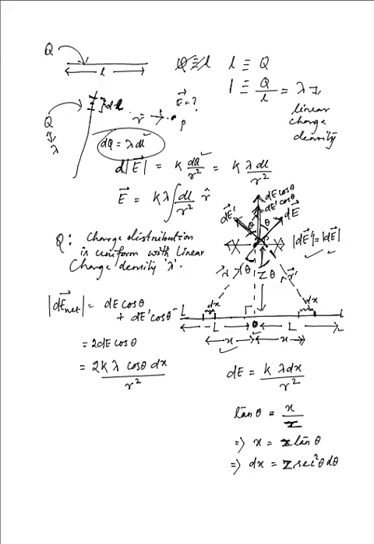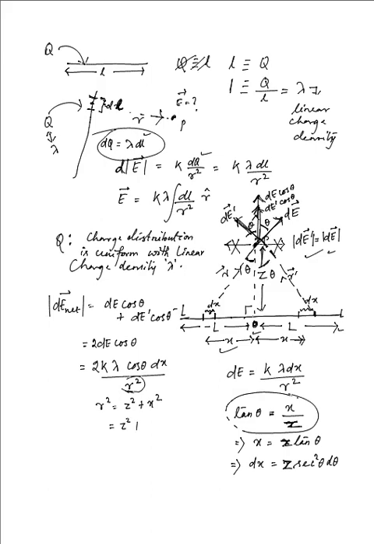Now in that r square over there, r square is simply equal to z square plus x square in this case, because with the x varying, you have the value of r varying as well. And x over z is equal to tan theta, so x obviously is equal to z tan theta.